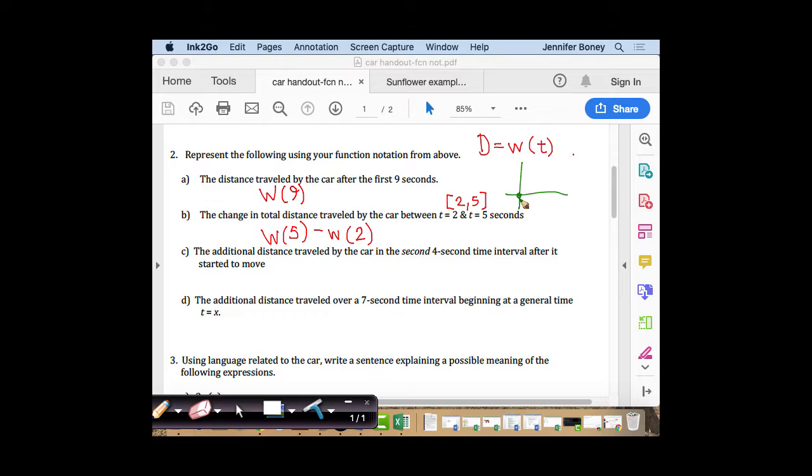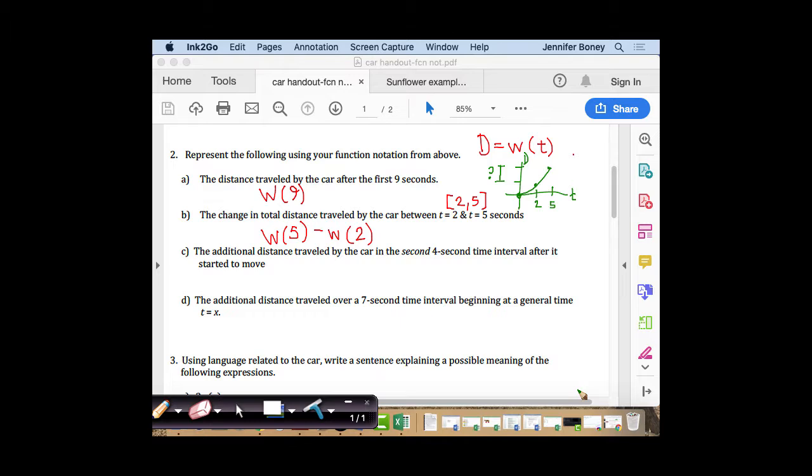But maybe it travels at a variety of speeds. But by time 2 and time 5 seconds, I'd have 2 different distances traveled. And if I want to know how far it traveled, I need to know how far vertically is that change. So these are values of D.